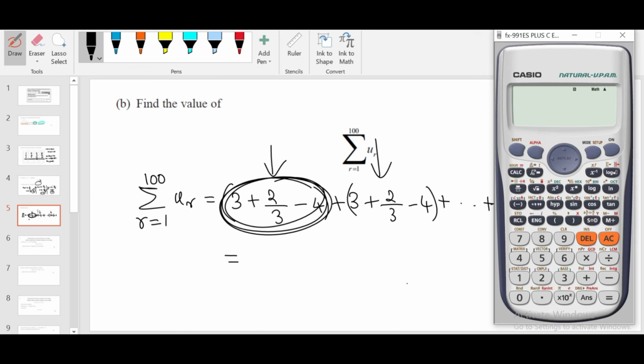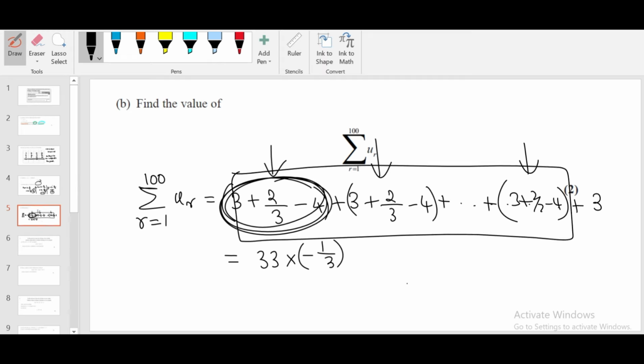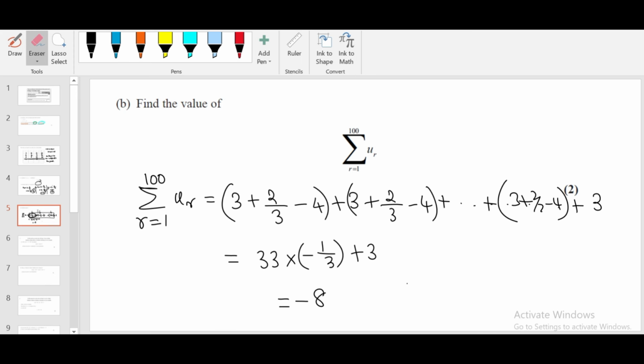So you can put 3 plus 2 over 3 minus 4 is negative 1 over 3. 33 times negative 1 over 3. That will give you the sum of 99 terms, and then the 100th term is plus 3, which is basically minus 11 plus 3 is negative 8. That's the answer. That's all.